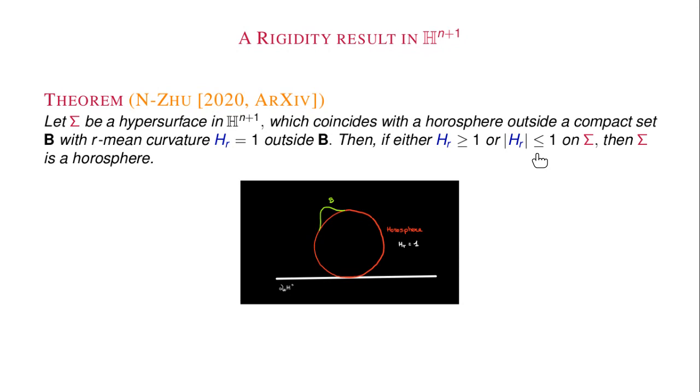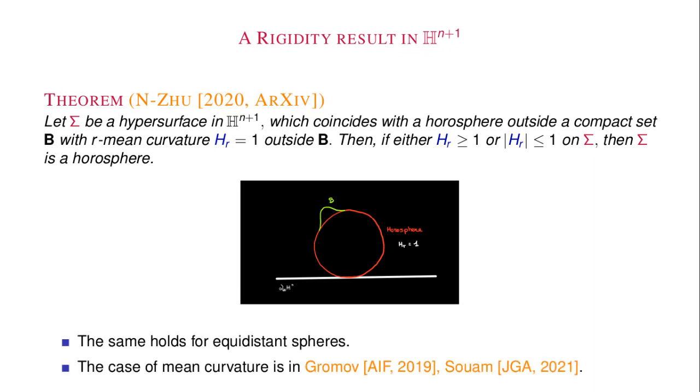So you cannot perturb, in fact, provided that you assume something on the HR curvature. I will not explain anything about that, but I want to say that for this result, we were totally inspired by this paper by Rabat, Swam, because he did it for mean curvature.